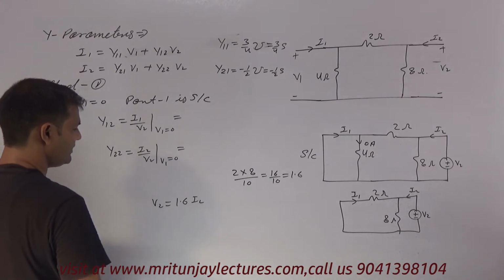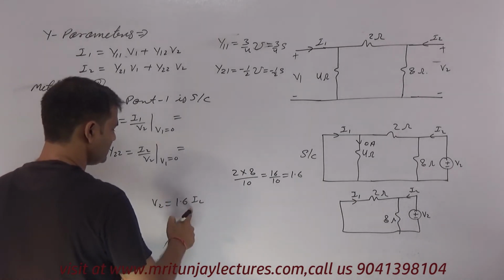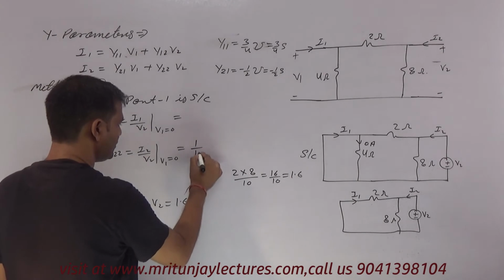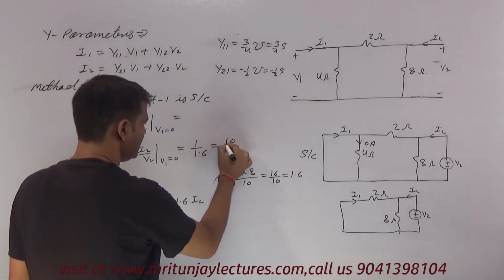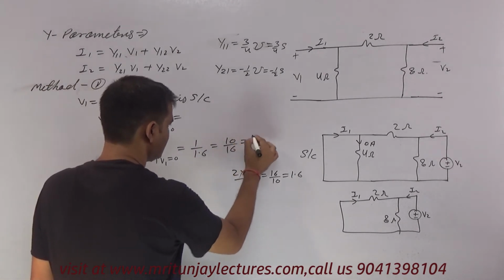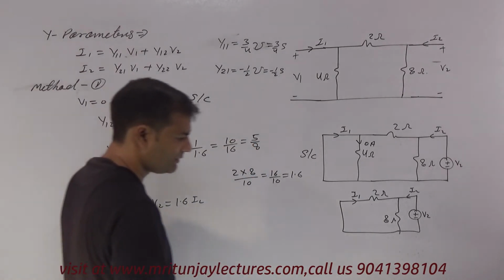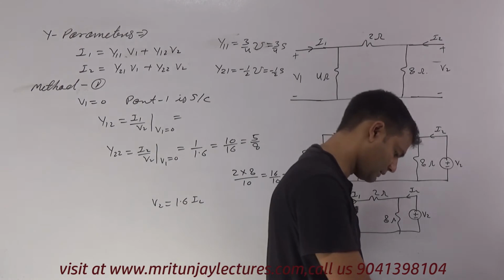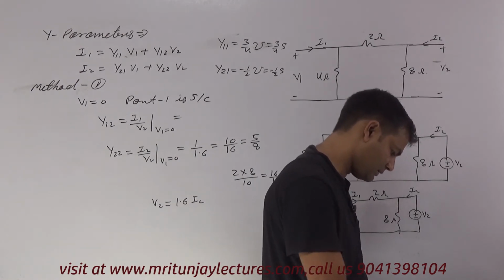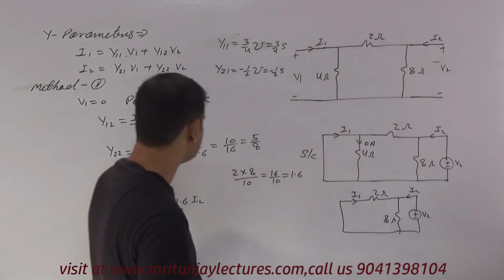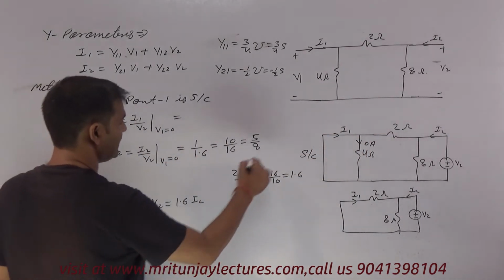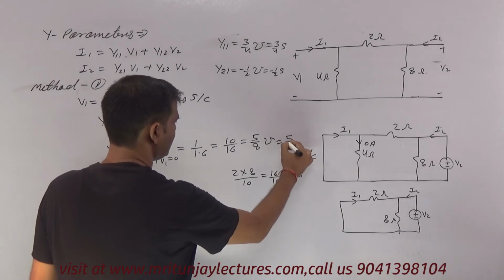So I2 divided by V2 is equal to 1 over 1.6, means 10 divided by 16, that is 5 by 8. Clear? Y22 is 5 by 8.